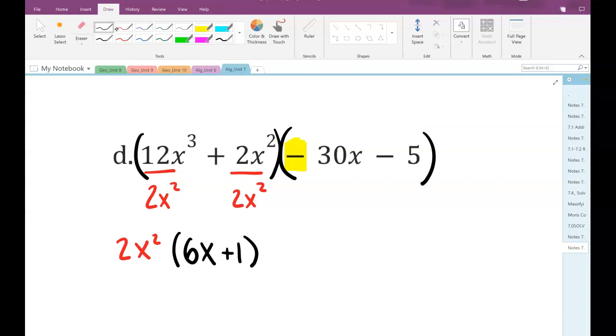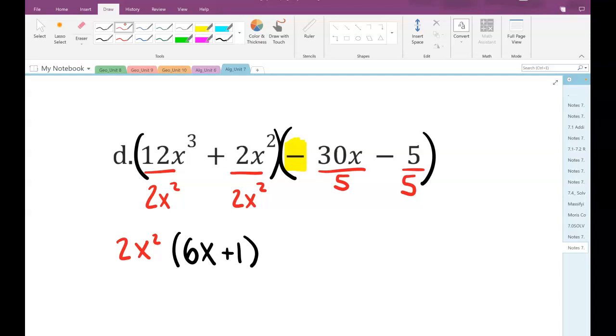Factoring our second group, remember, we're trying to make this match. We're trying to get a factor that matches 6x plus 1. So between 30 and 5, the greatest common factor is 5. But if we were to divide these together, we'd get a -6 and a -1, which we do not want.